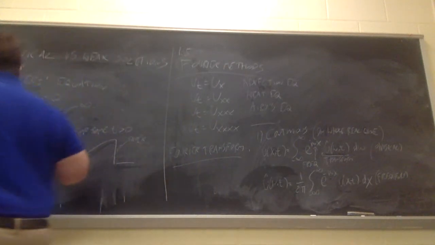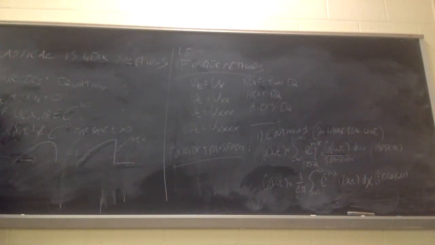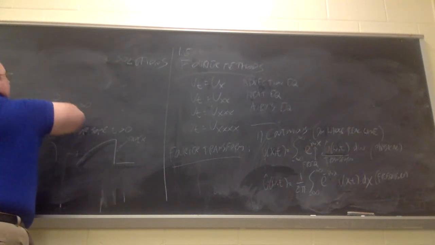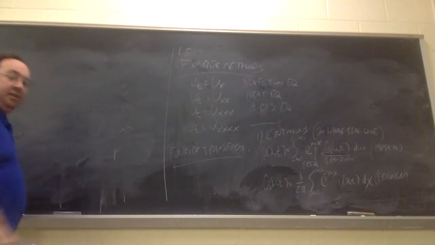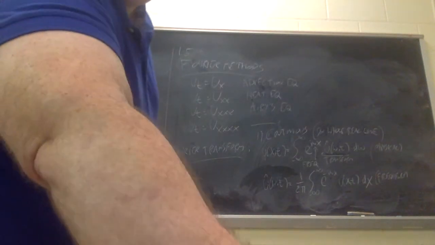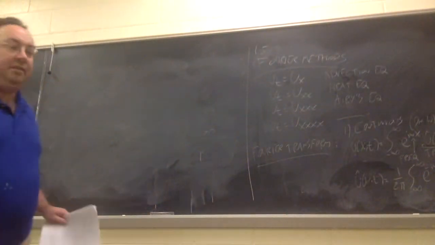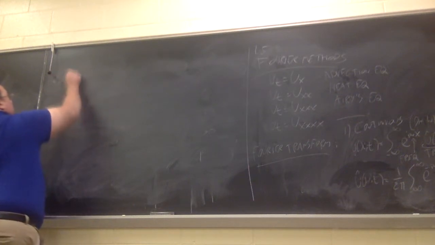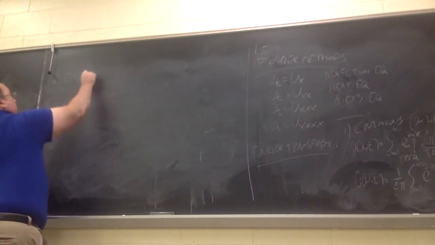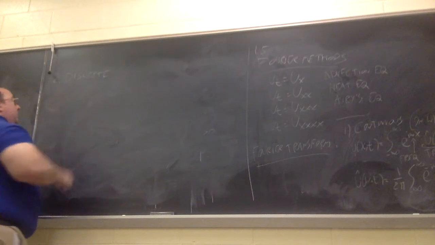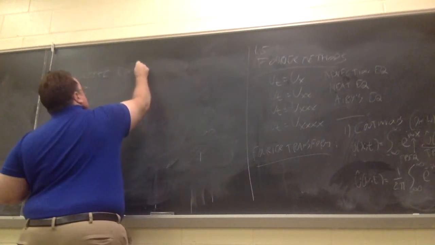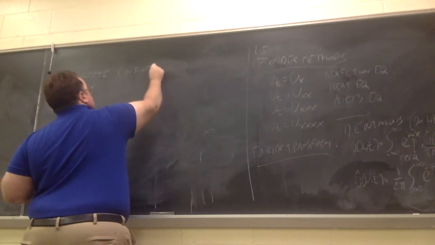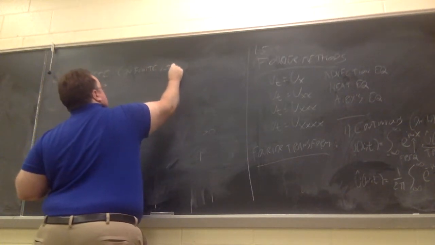Now, the kind I'm actually more interested in is the other kind of Fourier transform, discrete. So the discrete Fourier transform is for functions that are defined only on a finite interval.